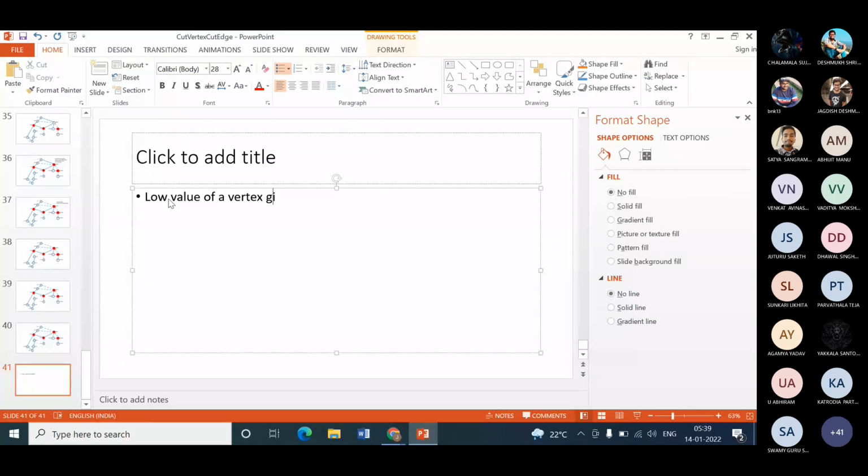Gives the minimum discovery time of a vertex that can be reached from any of its subtree.